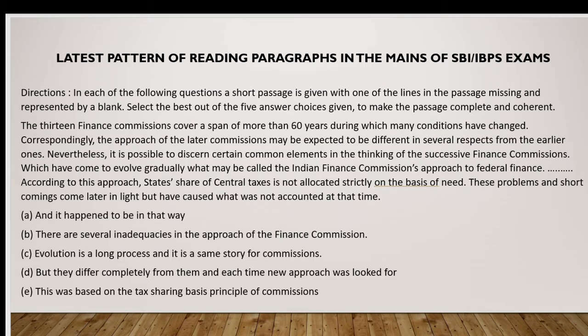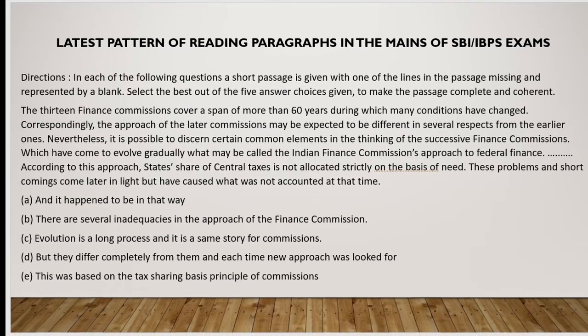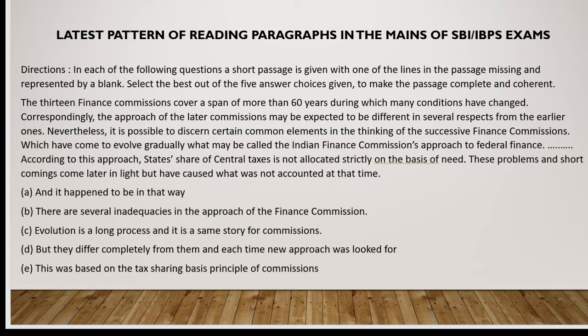And option D says, but they differ completely from them and each time a new approach was looked for. So in this case, we certainly do not find any kind of new approach or old approach here. So this particular option does not match with the context of not. And when we go to option E, this was based on the tax sharing basis principle of commissions.